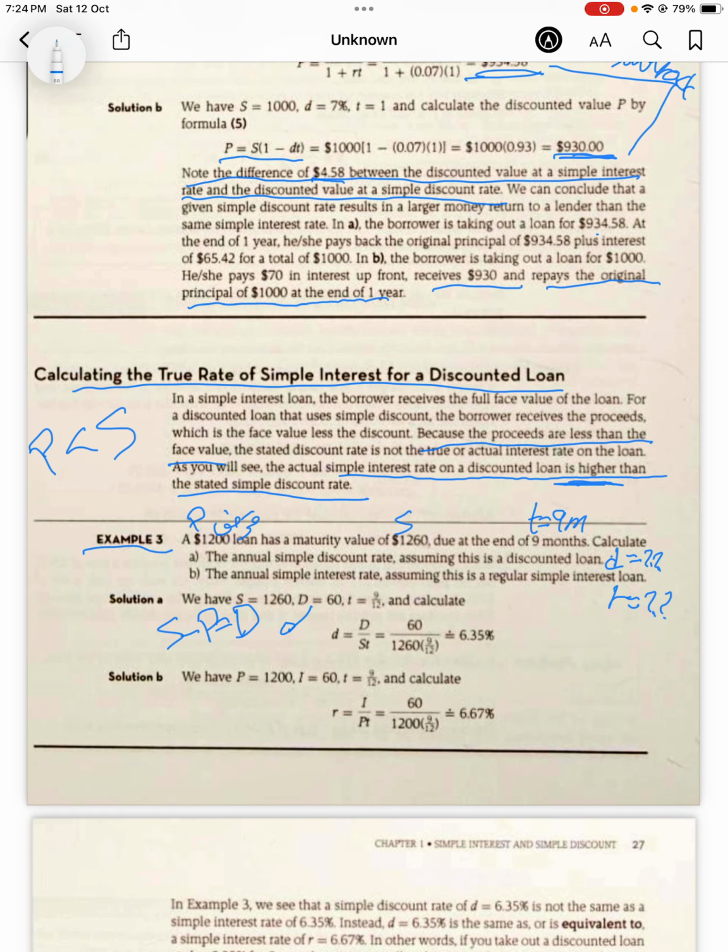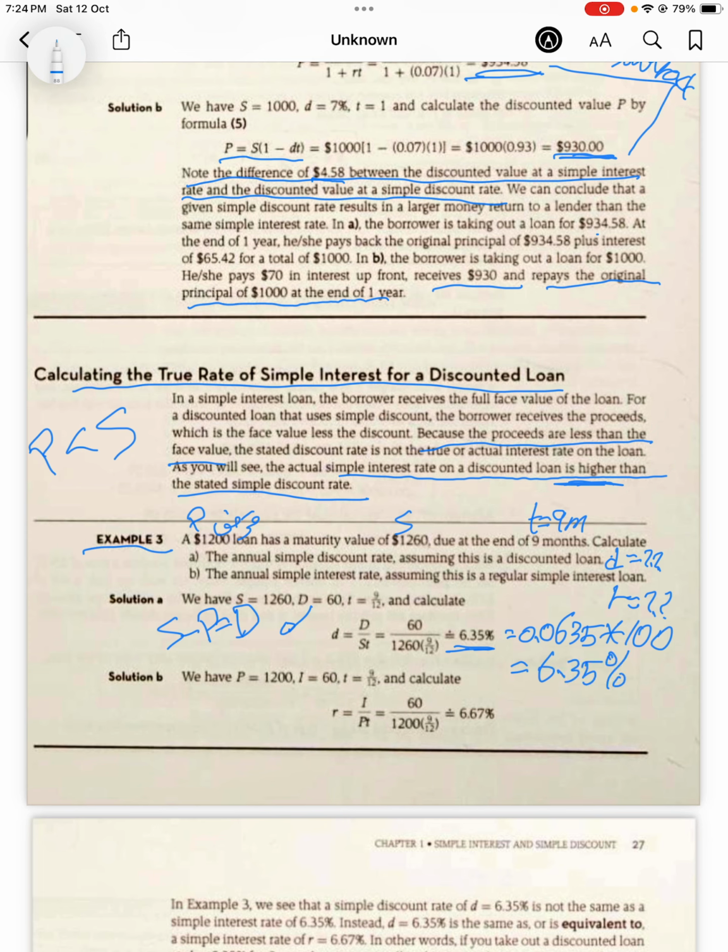Calculate small d equals D capital over ST. You will have 0.0635, but multiply it by 100 in order to have 6.35%.